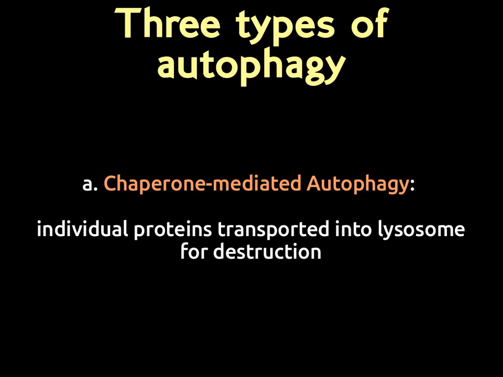Now, we've talked about some of this, for instance chaperone-mediated autophagy, where individual proteins are targeted. And again, we talked about some other sorts of protein turnover a little while ago, especially chaperone-mediated. Proteins can also be broken down by lysosomes as well, and individual proteins can be tagged for destruction by a lysosome.